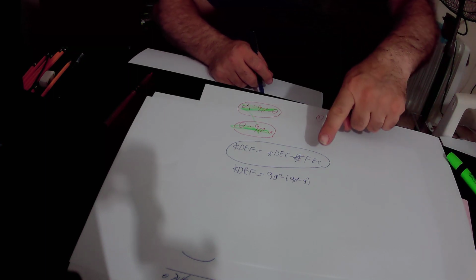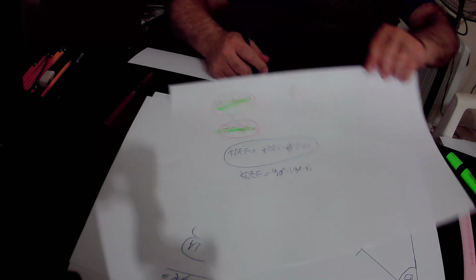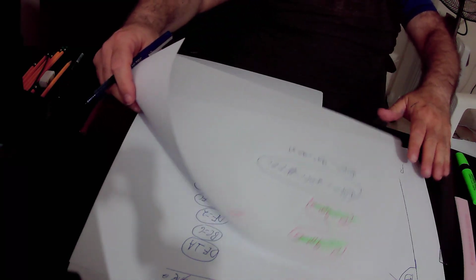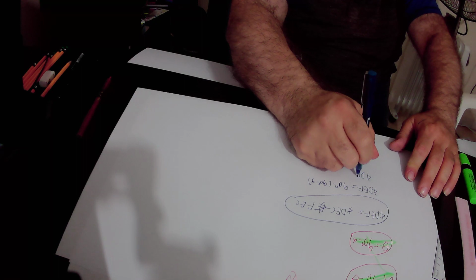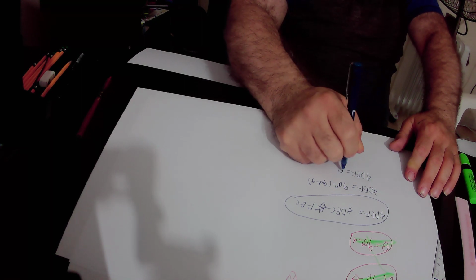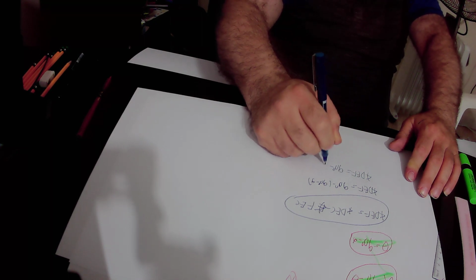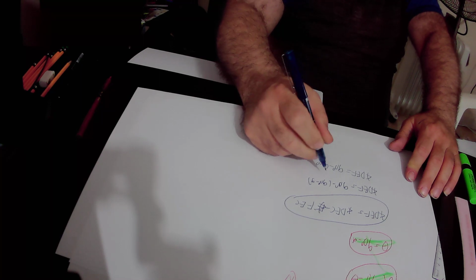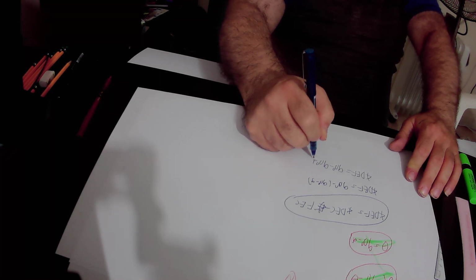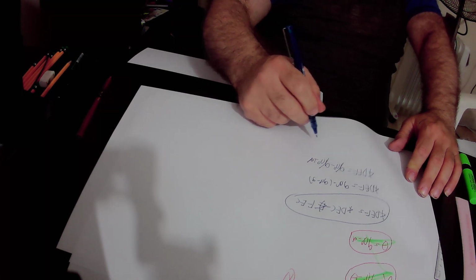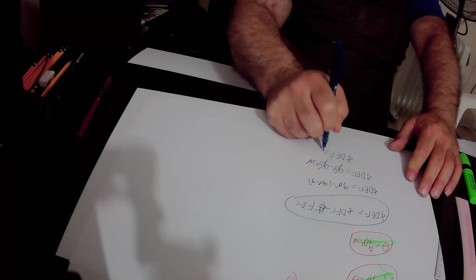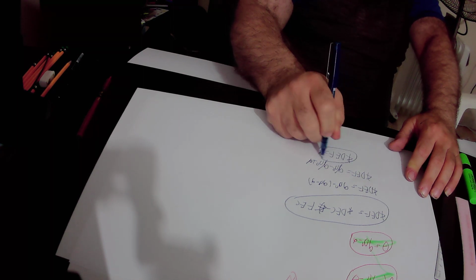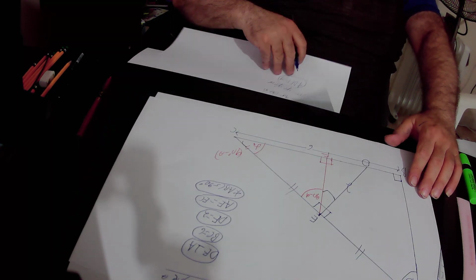We'll open the brackets here and we'll get that the missing angle DEF equals 90 degrees minus 90 degrees, minus times minus is plus, alpha. 90 degrees minus 90 degrees is 0. So in conclusion, the missing angle DEF equals alpha. This angle equals alpha.